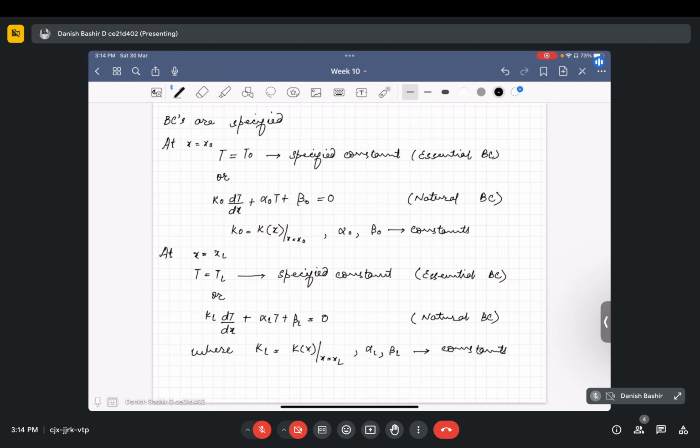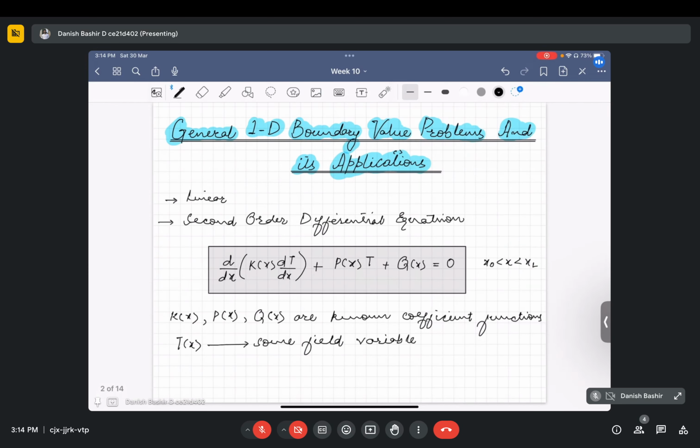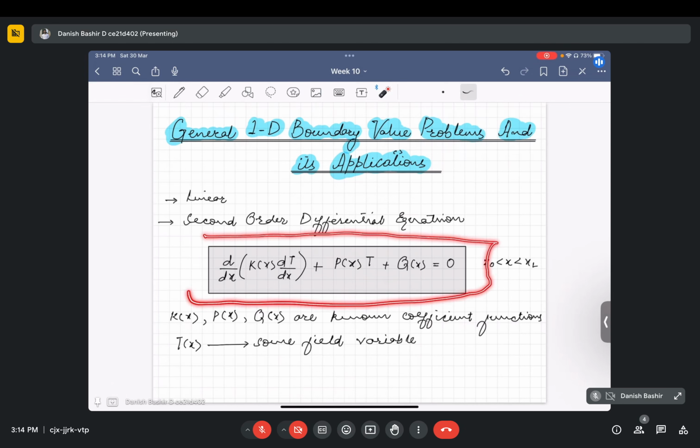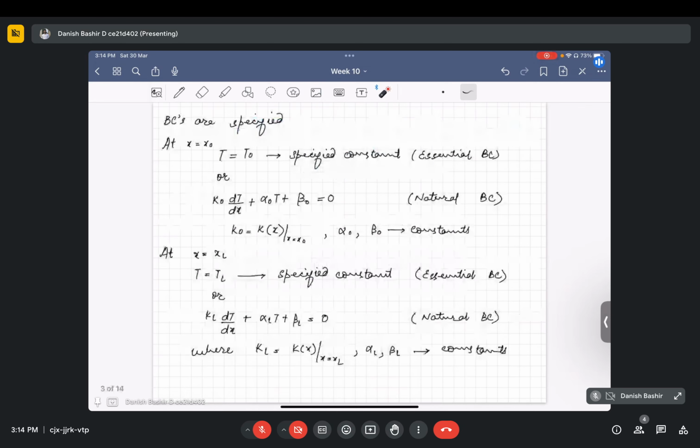I hope up to this point this is clear to you. Now what we have to do is the same procedure for this 1D boundary value problem. We can go through the whole procedure of finding the functional using the Rayleigh-Ritz method or variational method. That functional we can then minimize with respect to our unknowns, and we can get the element equations. That is a very rigorous process that I have taught you in almost 3, 4 lectures.